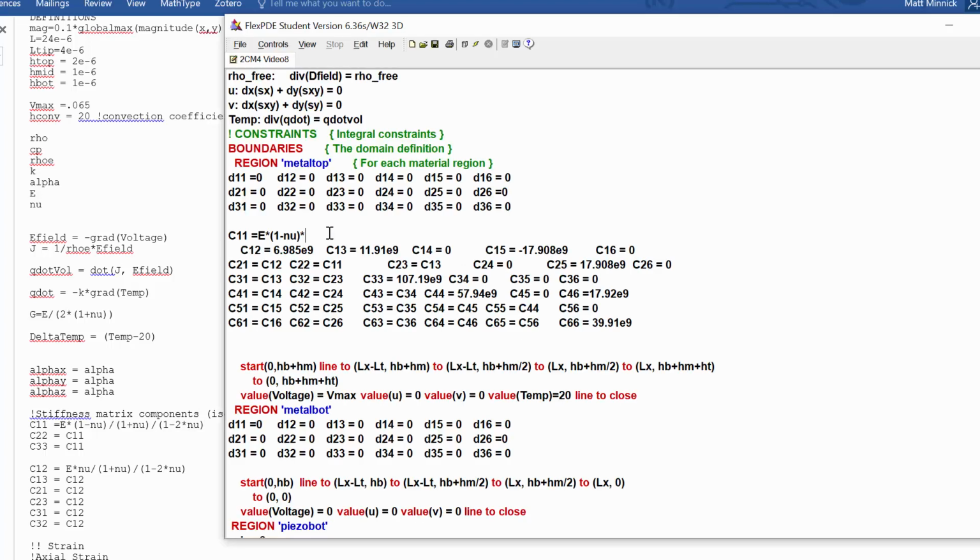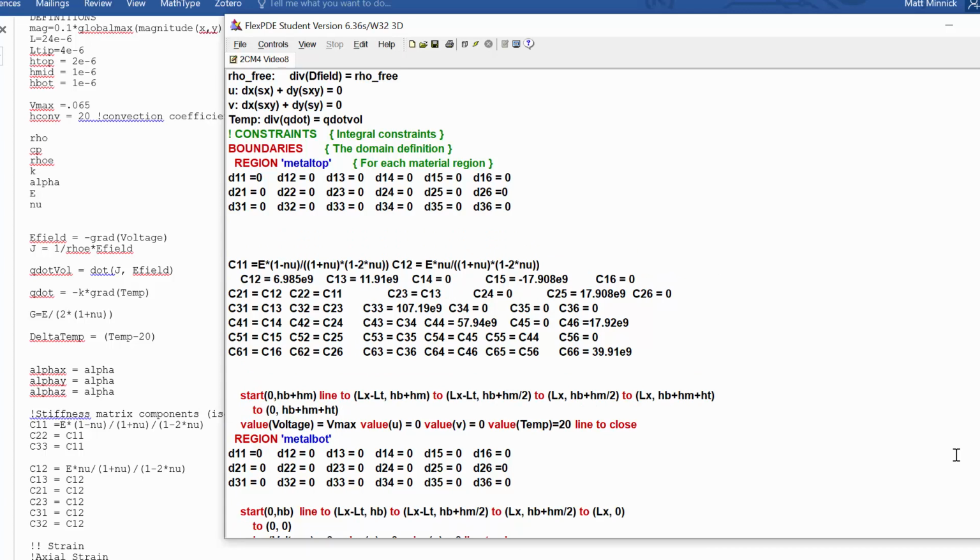So these are both in the denominator. If you are not comfortable with that, you could put another bracket and put a multiplication inside. So that's C11. And C12 is equal to the same thing, except multiplied by nu, Poisson's ratio, instead of 1 minus nu.